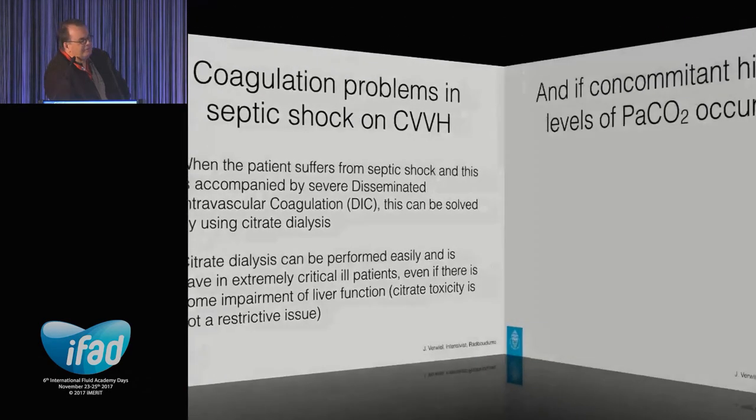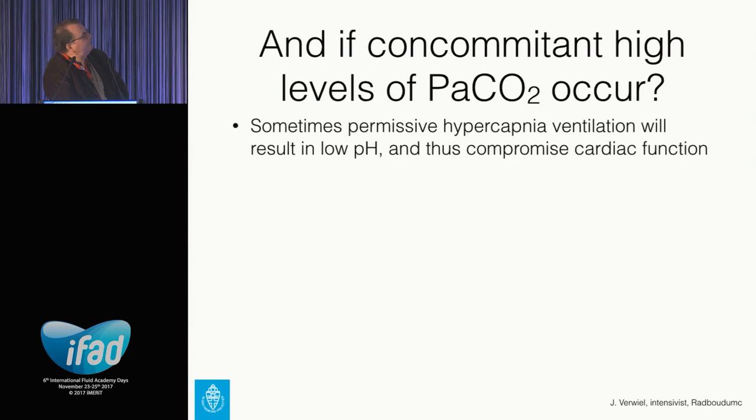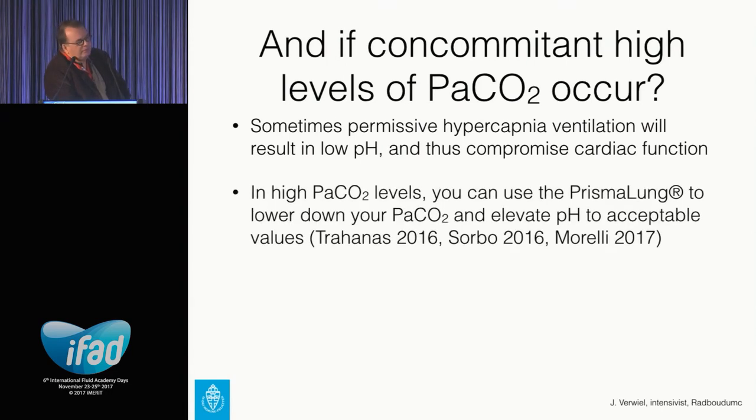There is another nice thing. When we have concomitant high levels of PaCO2 in these patients, because there is fluid overload in the lungs, we can of course use our good old permissive hypercapnia, which was first written by Hickling, but this will result in a low pH, and so it will compromise cardiac function. We don't like that, so in high PCO2 levels, we can use the Prismalung to lower our PCO2, and we can then elevate the pH to acceptable values.